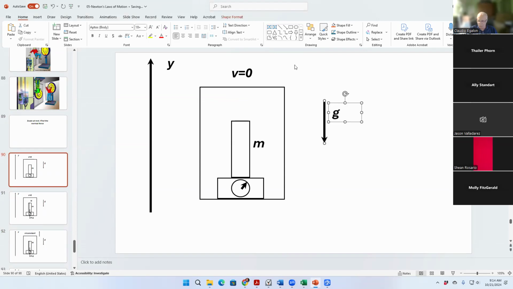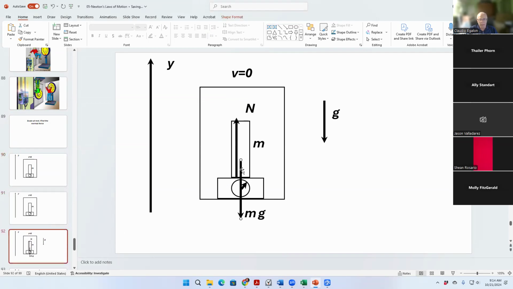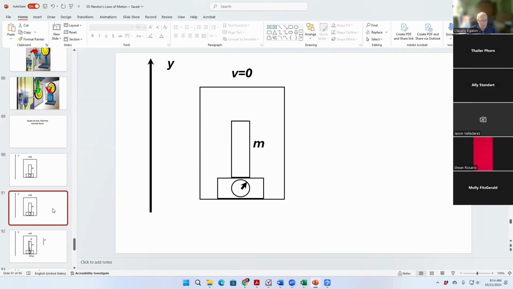Let's just play the movie, like I like to do. The first force that we have to take into account is the weight. This individual has a mass m.